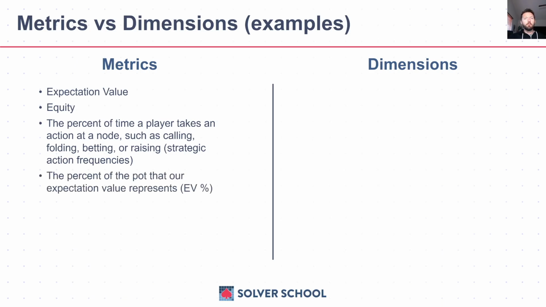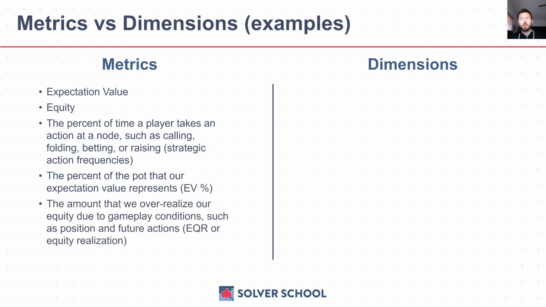The percent of the pot that our expectation value represents, which is noted as EV percentage. The amounts that we over-realize our equity due to gameplay conditions such as position and/or future actions. That's referred to as EQR, or equity realization. All of these are metrics, and if you notice a common thread with these, they're all numbers.